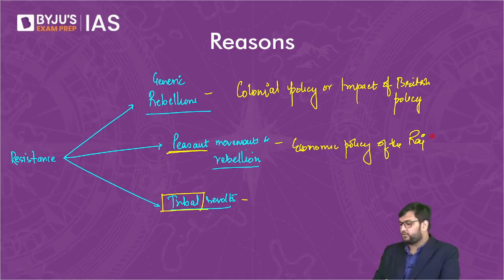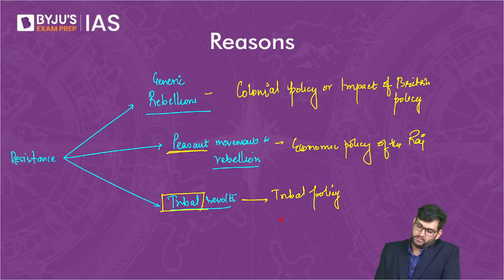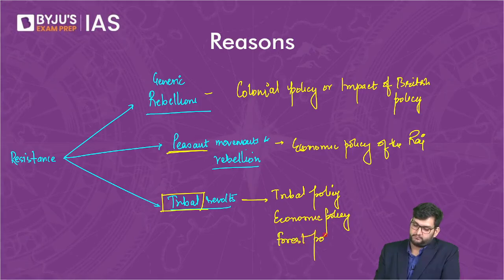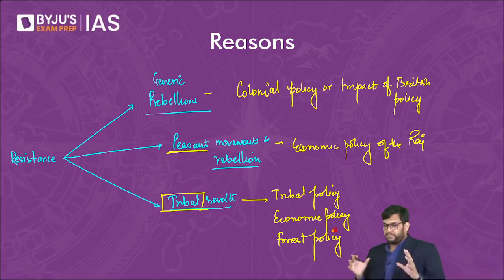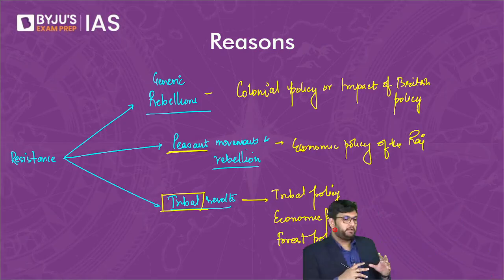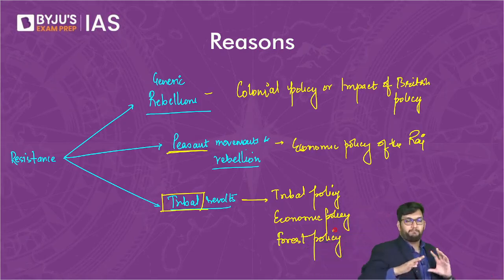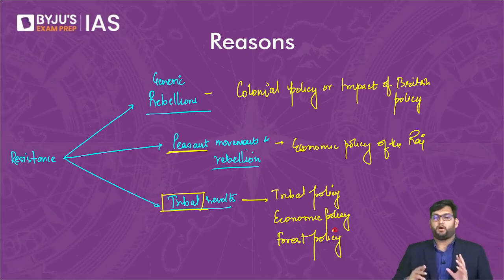And tribal revolts, on the other hand, are actually linked to the concept of tribal policy, the economic policy, but more specifically the forest policy. So very simply, there are three very simple generic reasons for three different types of manifestations.